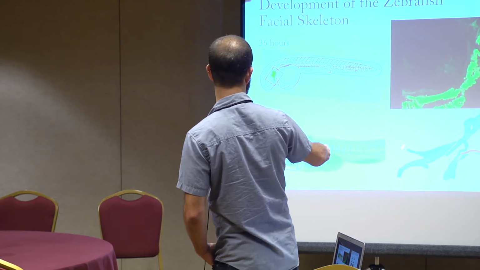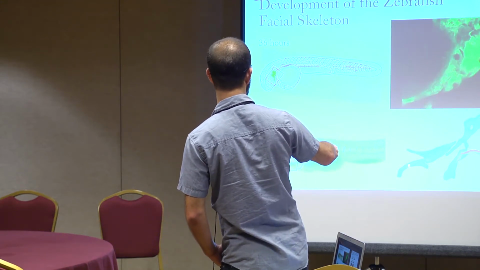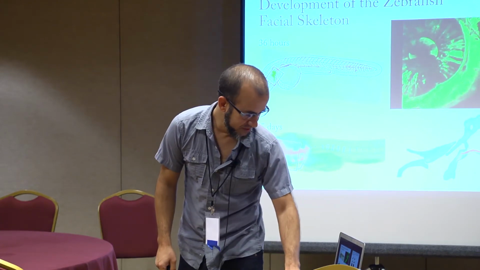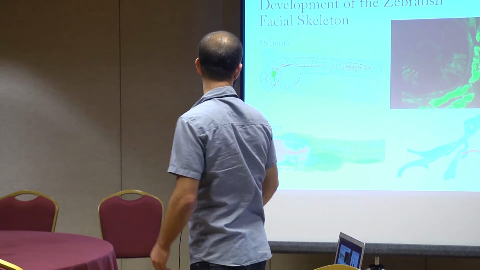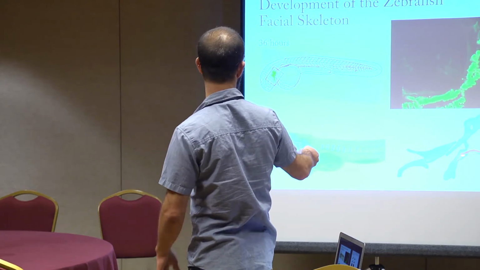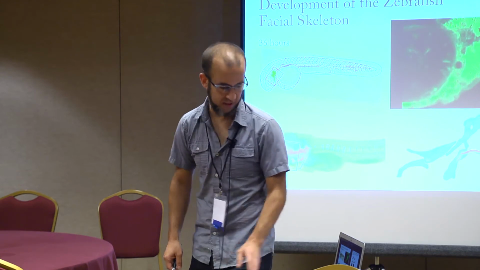We use this as a simplified system to understand how each of these cartilage and bones get their distinctive shape. The way we went about that is we just said, what if we randomly mutate genes? Which genes, when we get rid of them, will affect the shapes of these different skeletal elements?